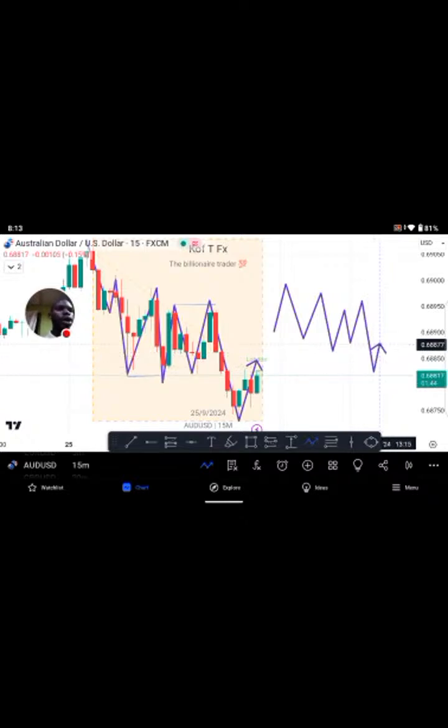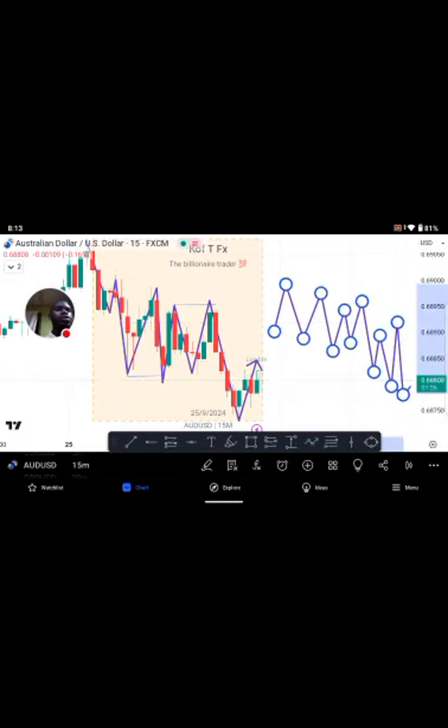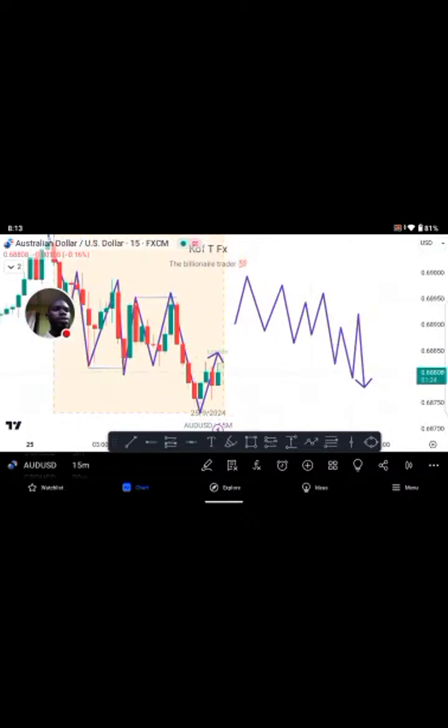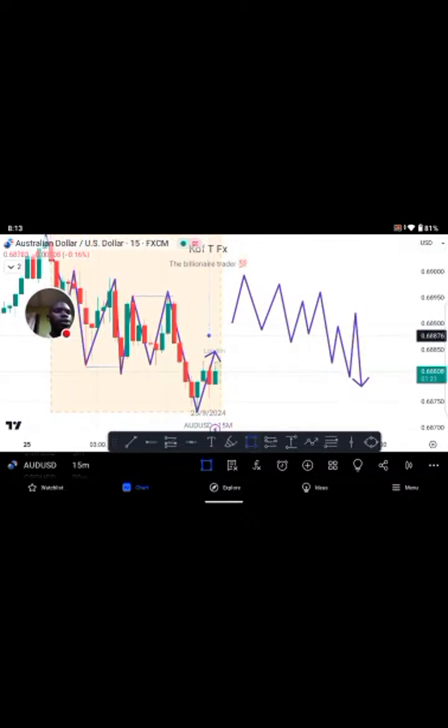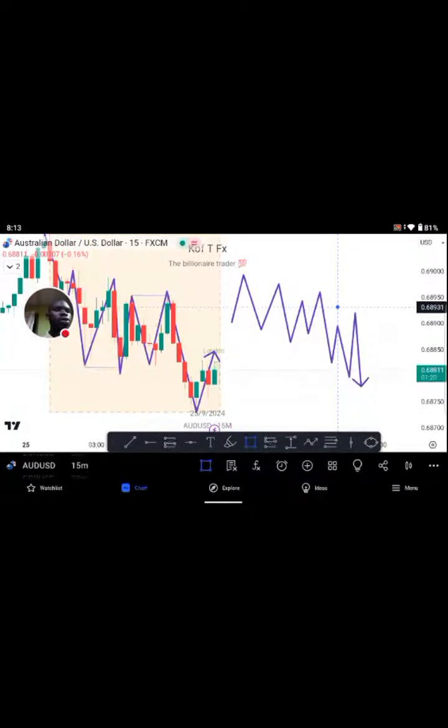Then price will have an inducement with FVG above it, and this will happen before London session. So when the London session opens, price will take out this high, mitigate the zone, and boom, sell off. This is what I've seen play out very well.